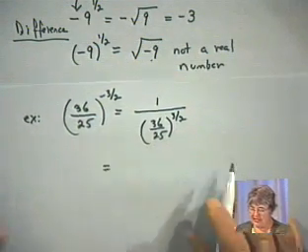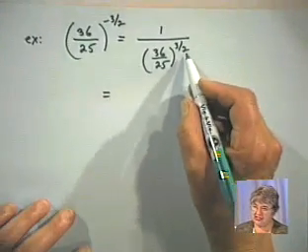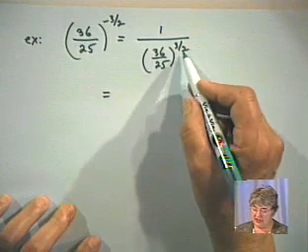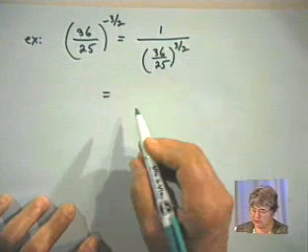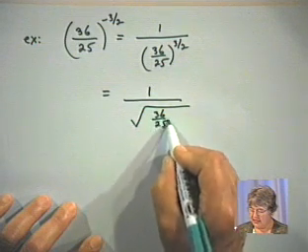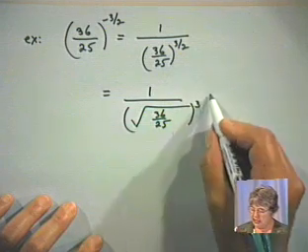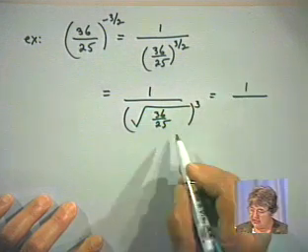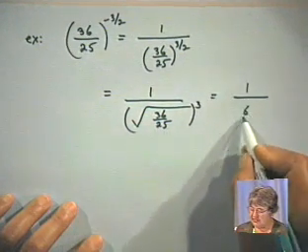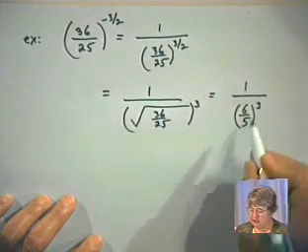But that's the same thing as saying I'm going to be taking the square root of 36 25ths because the denominator of the exponent is a 2, and then I'm going to take that to the 3rd power. Okay, well, we know that the square root of 36 25ths is 6/5, and now we're going to be taking that to the 3rd power.